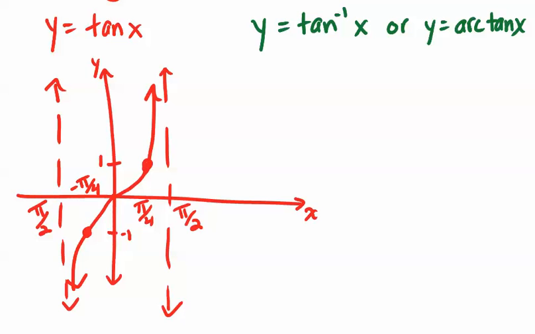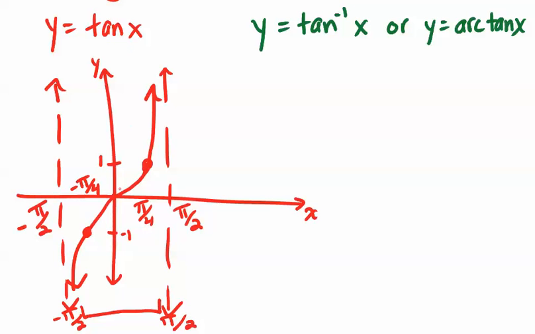And if we look at just the first branch of the trig graph, even though there would be multiple, it looks like this first branch between the asymptotes of negative pi over 2 and positive pi over 2 is 1 to 1. It passes the vertical and the horizontal line test. So remember, this was our restriction for sine. It is also going to be our restriction for the arctangent function.